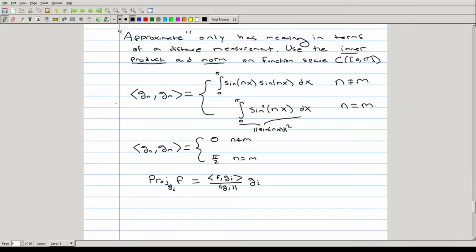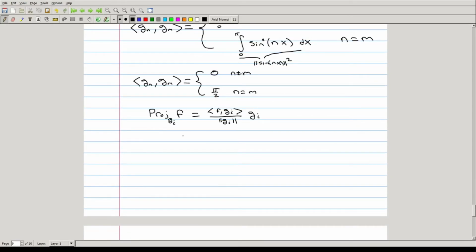But this is now an infinite dimensional projection, using the inner product for functions and the norm for functions.